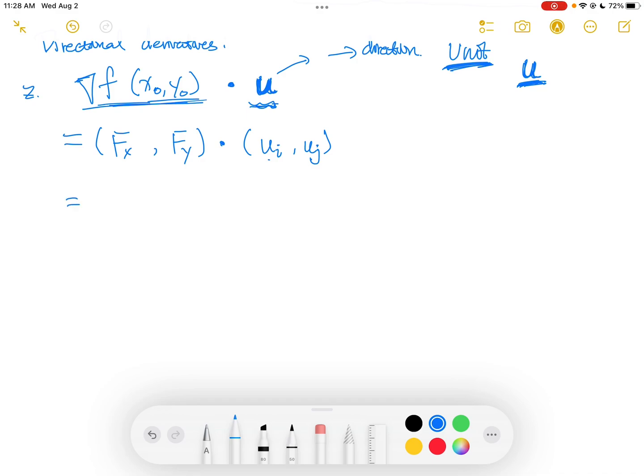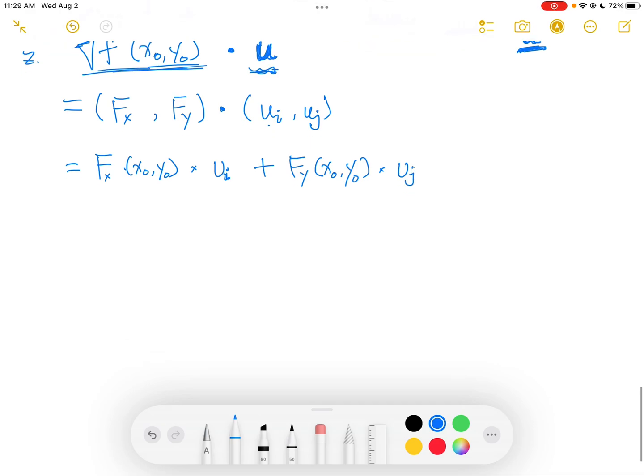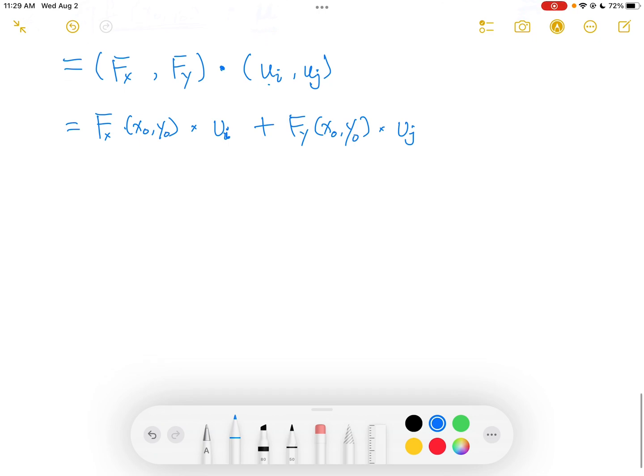So this would just be f of x at x0, y0 times the unit vector's x direction, plus f of y at x0, y0 times the unit vector's y direction. Okay, and this makes intuitive sense as well.